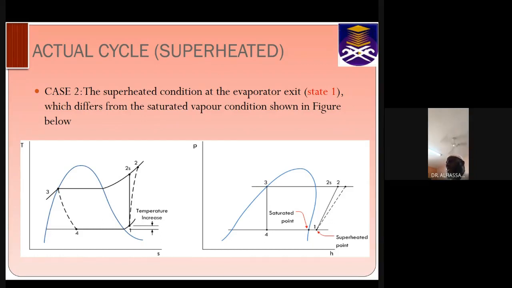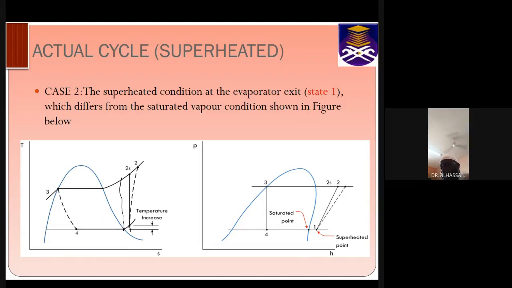The second case is the superheated condition at the evaporator exit, which differs from the saturated vapor condition. In the previous refrigeration cycle, our fluid compression started from the saturated vapor state, but in the actual cycle it has been pushed a little into the superheated state.